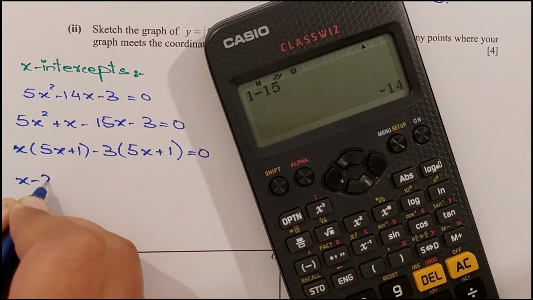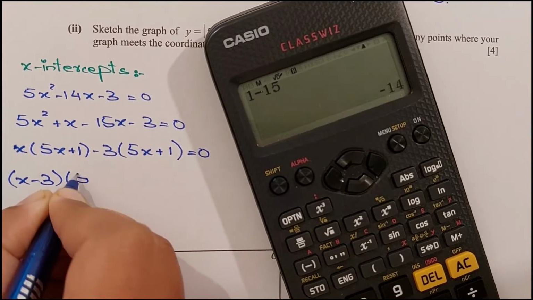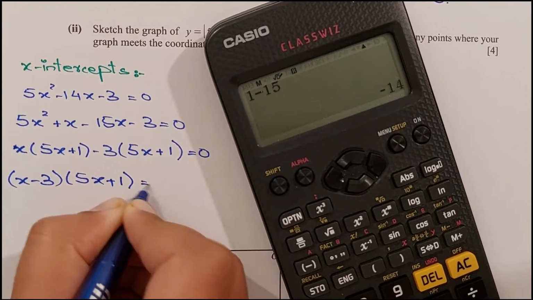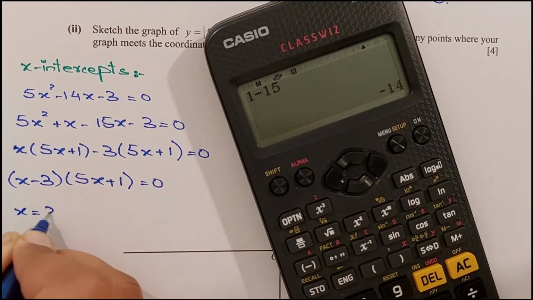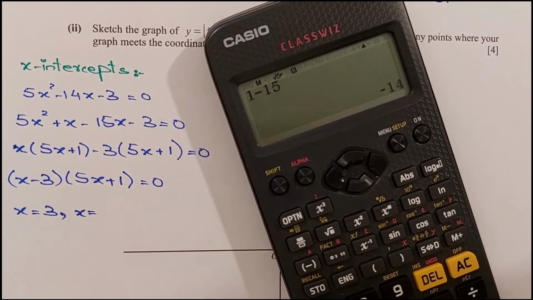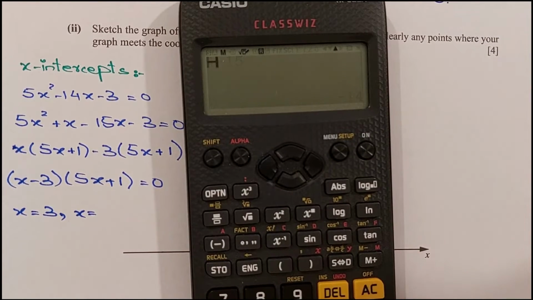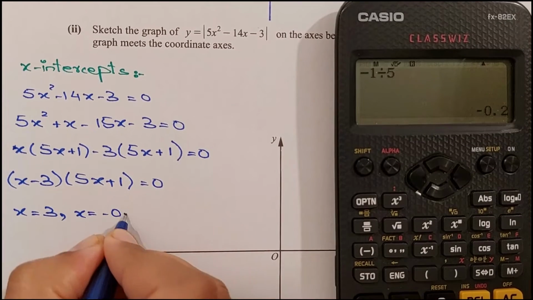So the factors are x minus 3 and 5x plus 1 equal to 0. The x-intercepts are x equals 3 and x equals minus 1 by 5. Minus 1 divided by 5 is negative 0.2.